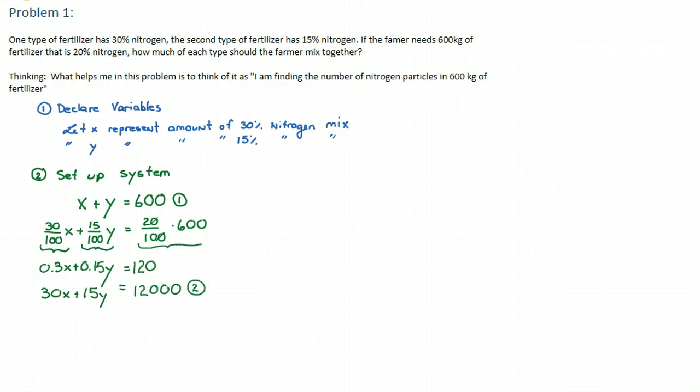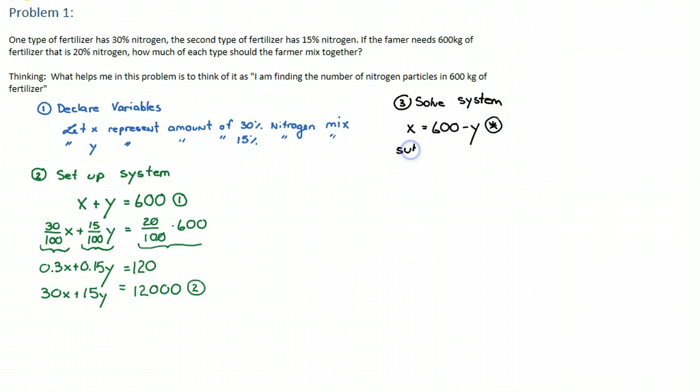So step 3 when we're working through our systems of equations is to solve the system. So this problem lends itself really nicely to substitution, since I can easily isolate from equation 1. So we could say x is equal to 600 minus y, and we'll call that star.